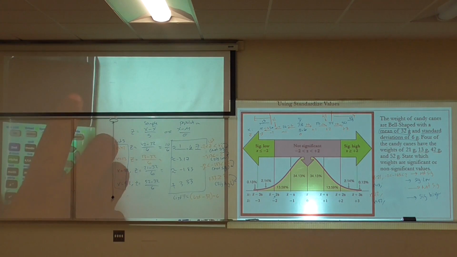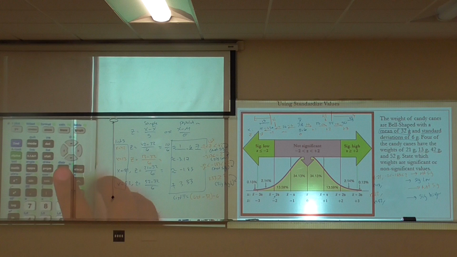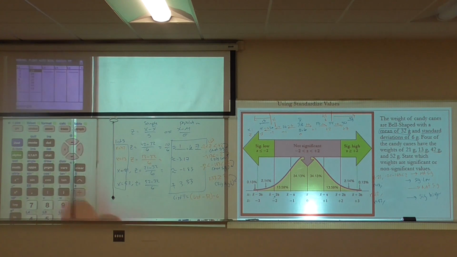And we're just doing the same thing. We're just going to repeat the same process on your calculator. So over here in list 3, like I had before, the one we were supposed to have first was 21, followed by 13, followed by 42, followed by 52.